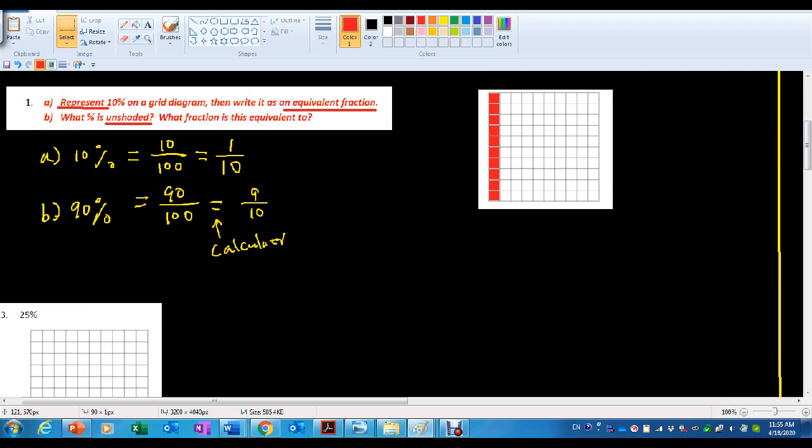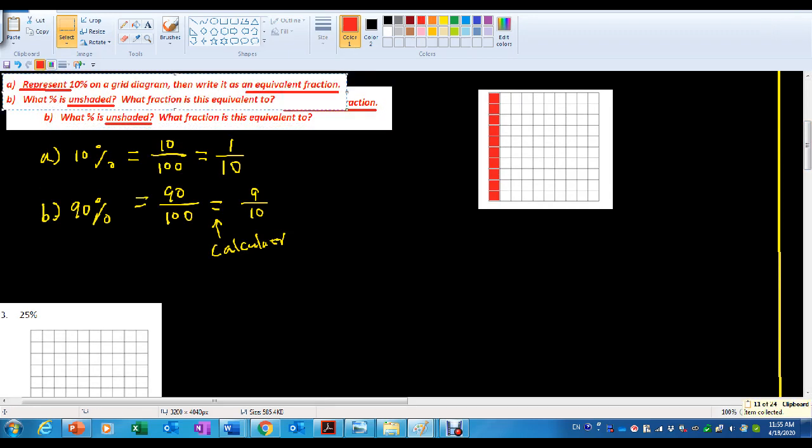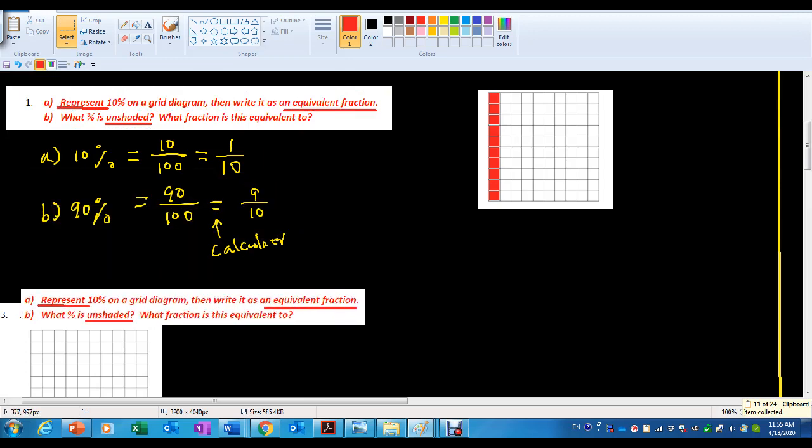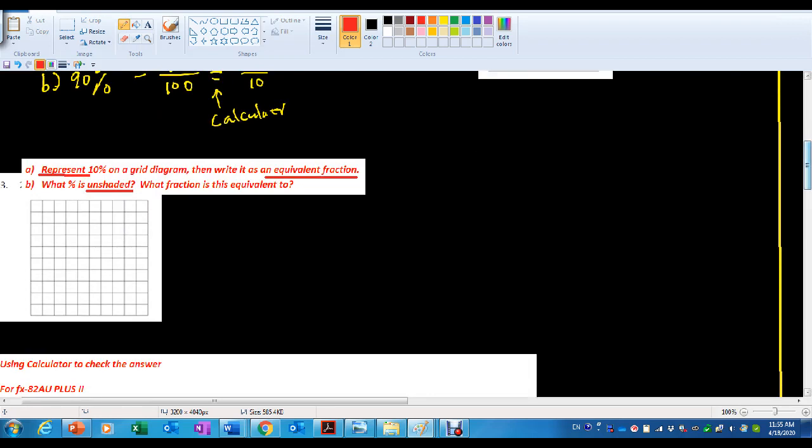Let's have the same question, but we change the number a little bit. Let's do another one. This time, we just change your number from 10% to 25%.